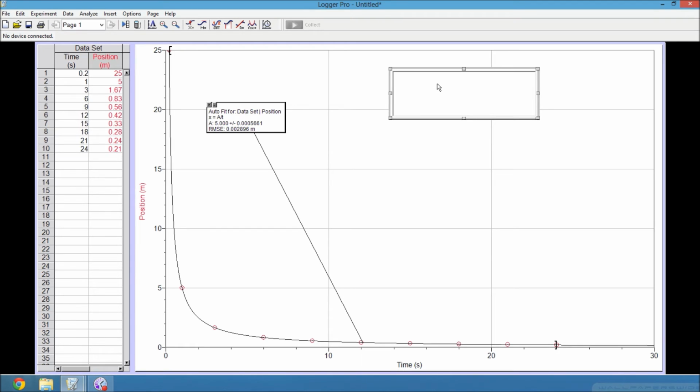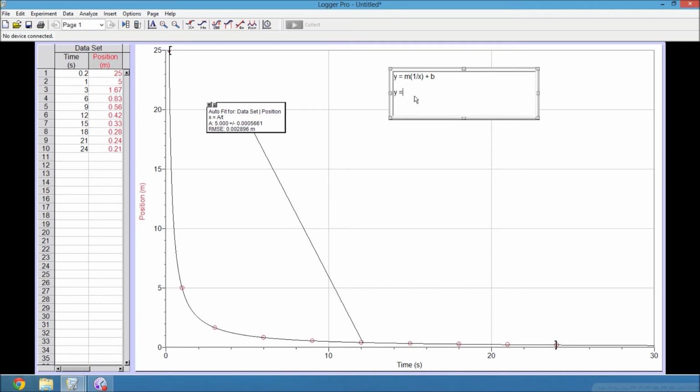So we're going to go ahead, and here's a text box. If it was linear, it'd be y equals mx plus b. But it is not linear, it's an inverse function. So we're looking at y equals m times 1 over x plus b.